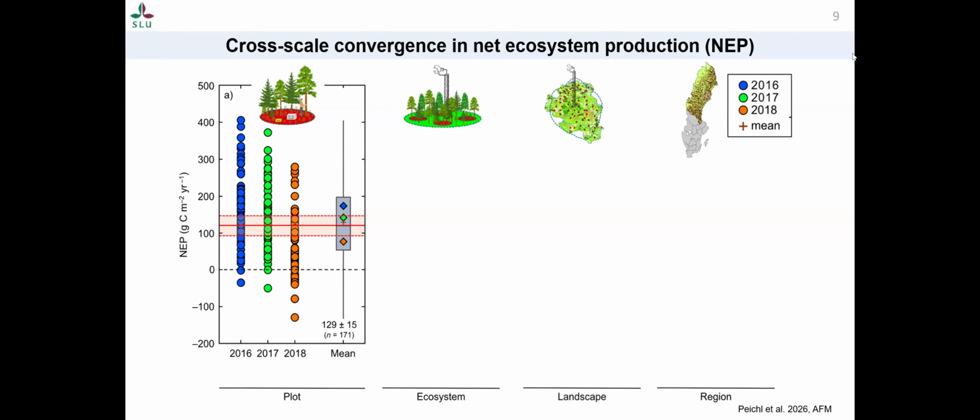You can also nicely see that in 2018, when we had this severe summer drought, the NEP was reduced at all these stands. And if we average them out, then the mean NEP over 3 years is 129 grams of carbon.